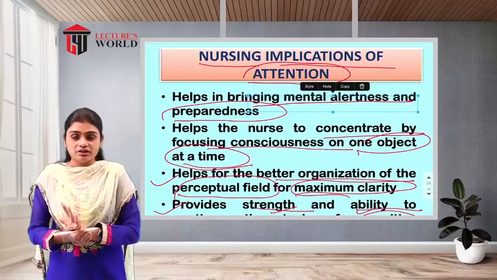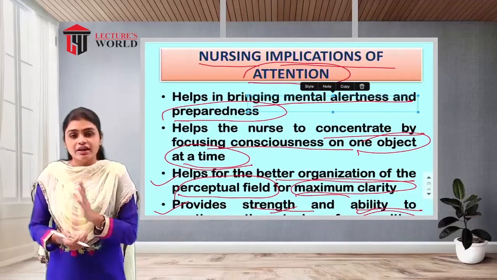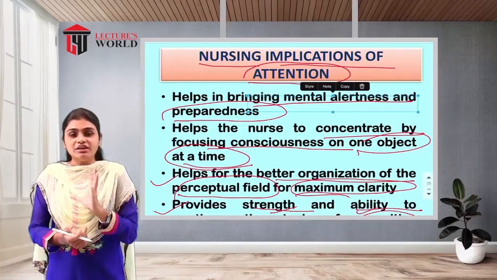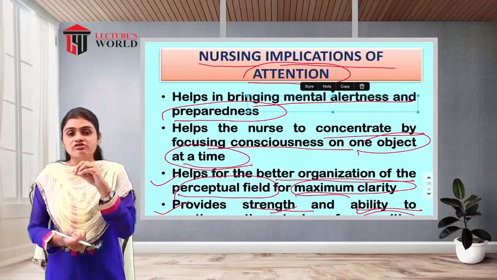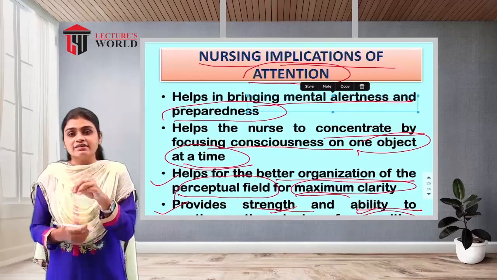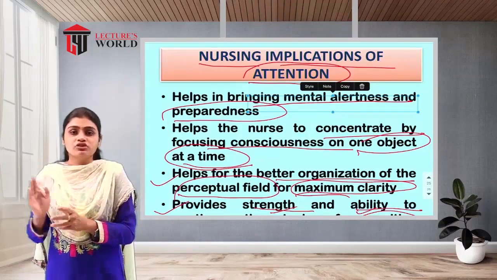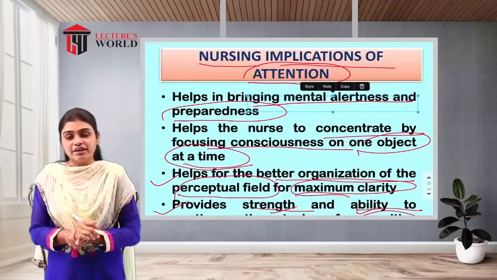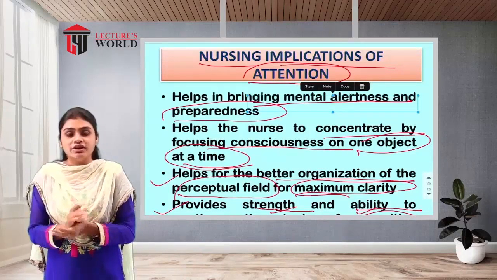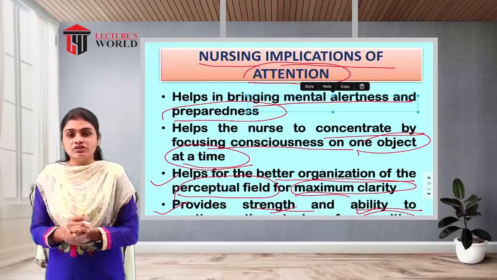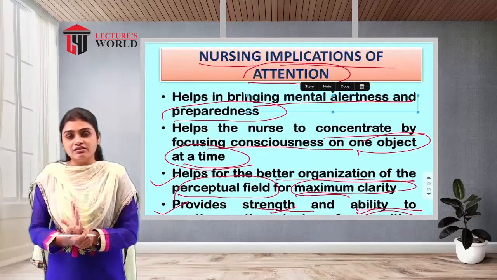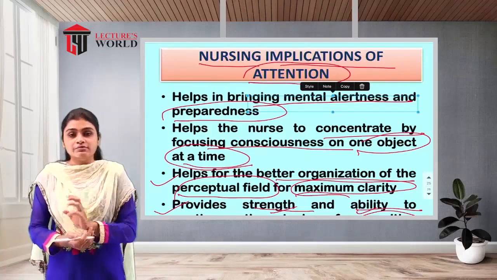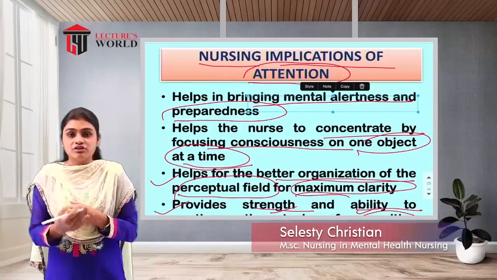So this was all about attention, in which we have seen the definition of attention, that means concentrating consciously on any object while excluding other objects. The types of attention also we have seen, voluntary and involuntary attention. Then we have seen some factors or methods of attention. After that, the duration of attention also.